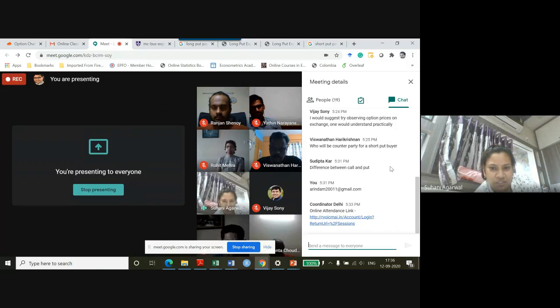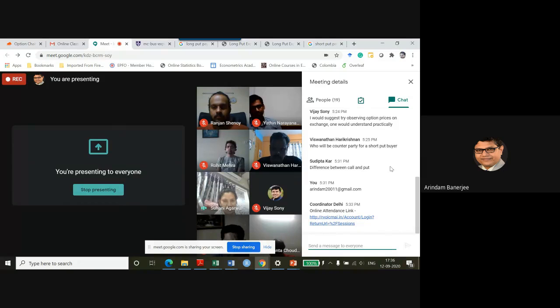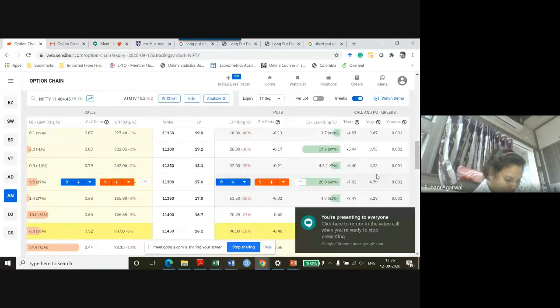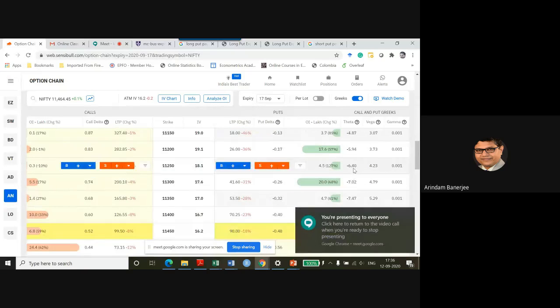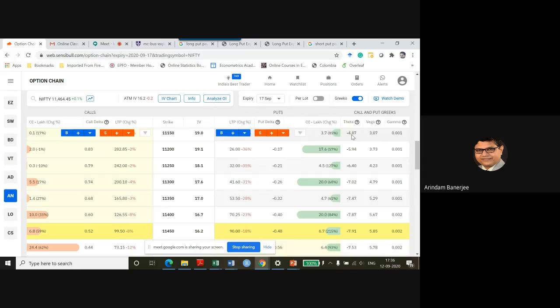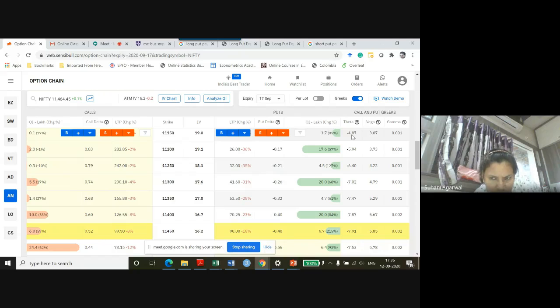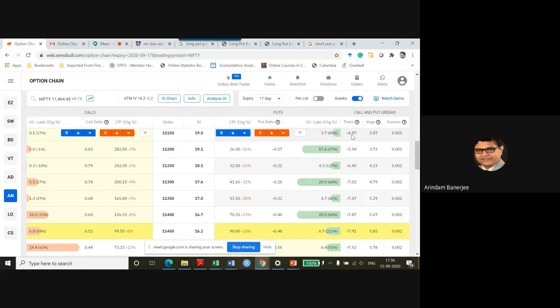It is because of the Greek theta. The more we come nearer to the time of expiry, the value of the option decreases because of time value. So if your time to expiry is more, then your option value should be higher.